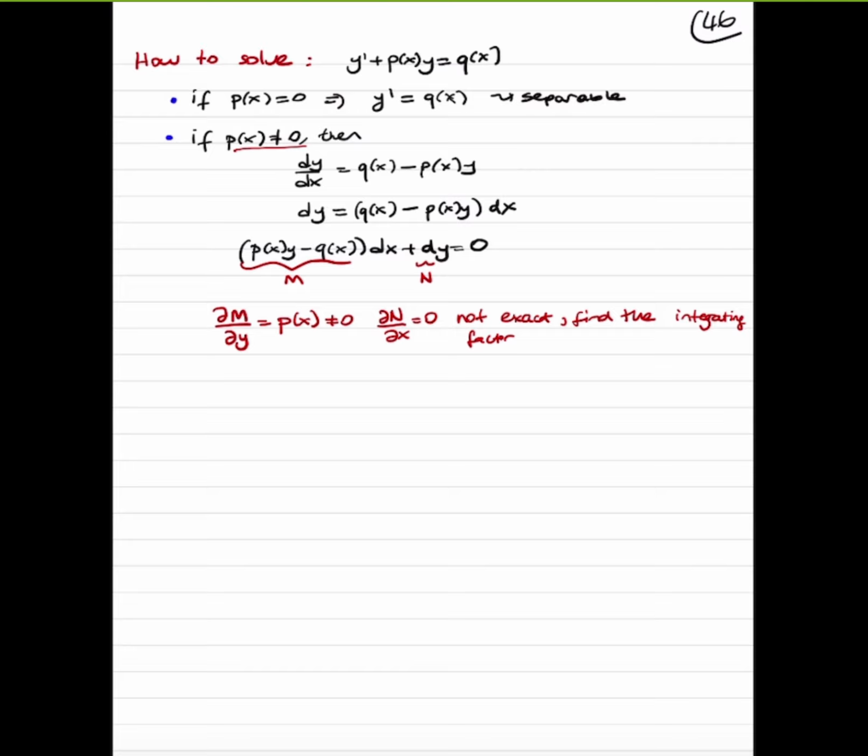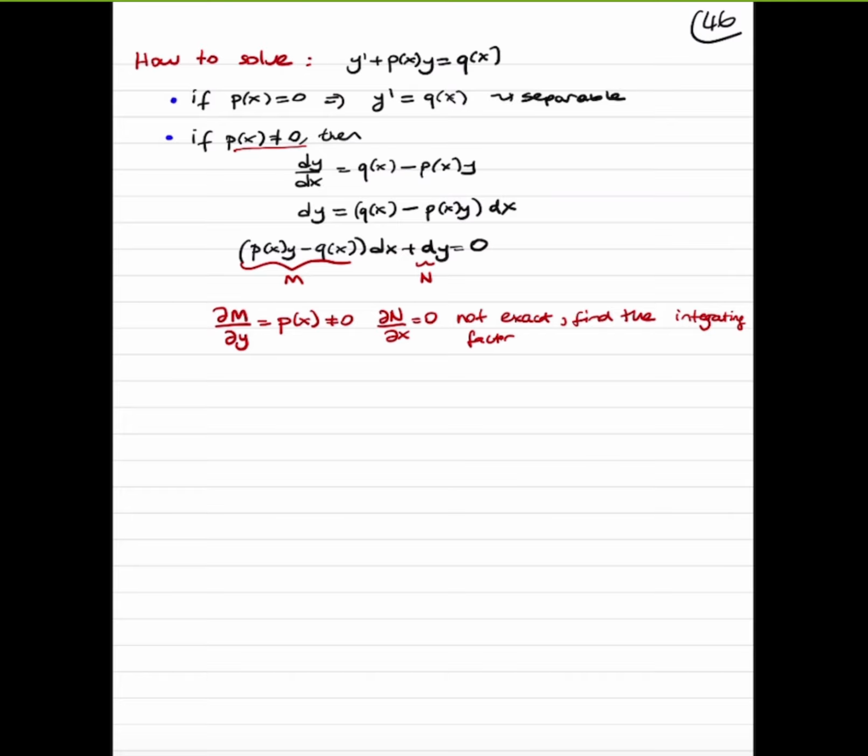So let's say that we are given y prime plus p of x y is equal to q of x. If p of x is equal to 0, then this term will cancel and we will only have y prime is equal to q of x, and we have a separable differential equation, and it is the easiest one. So we can separate the variables. We collect y terms onto one side and x terms onto the other side, and we just integrate and find the solution.